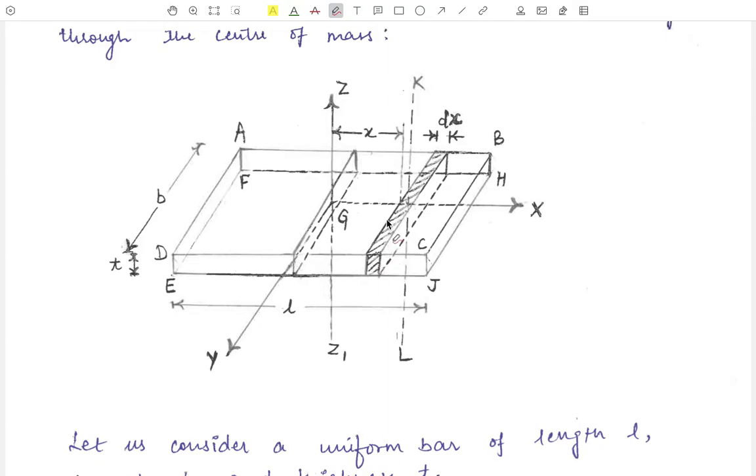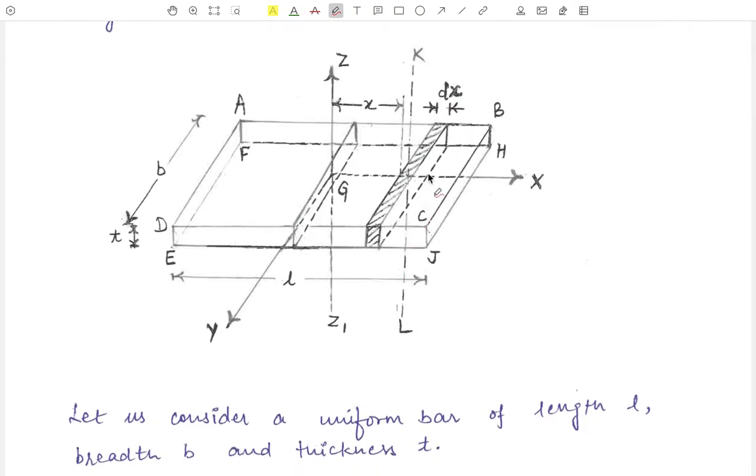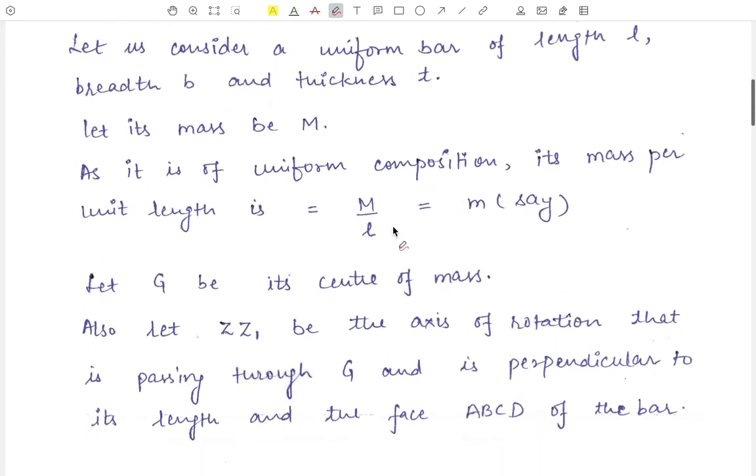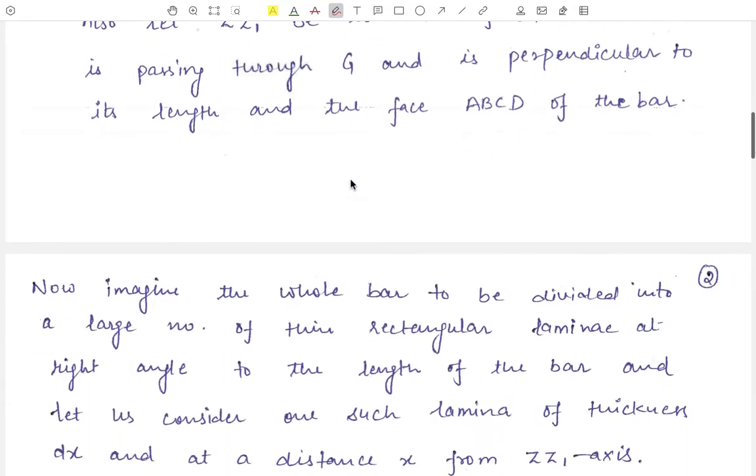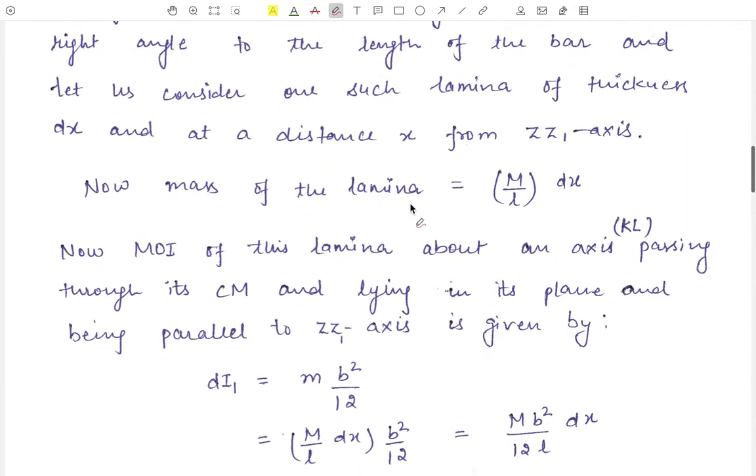Say one such rod be this rod as shown in the diagram at a distance x from this Z1 axis, and this thin rod is of small length dx. Now we can find out the mass of this thin rod with the help of this mass per unit length. Since its length is dx, its mass will be equal to M upon L into dx.